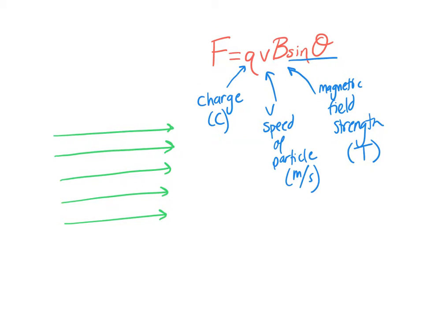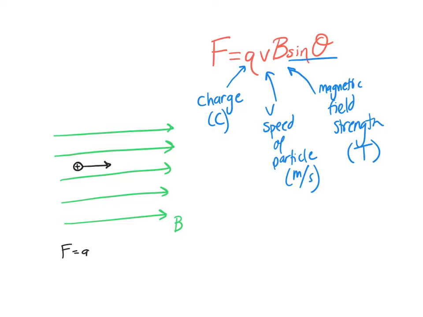Here is a magnetic field, okay, going off to the right. If we had an electron in here, actually let's make it a positive charge just to make this easier at first, and it's bombing along in the same direction as the magnetic field, it would actually not feel the force. Okay, here's why.